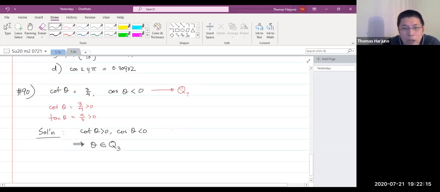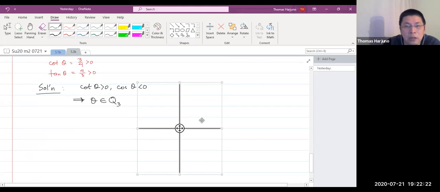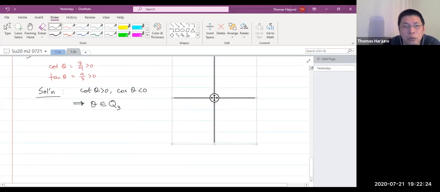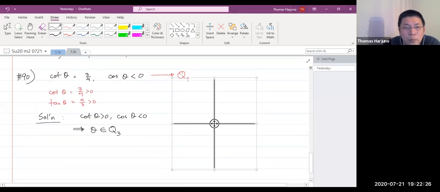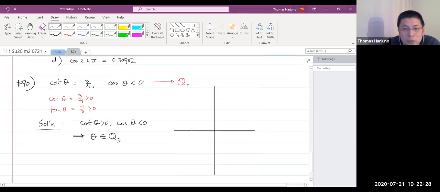So now you disassemble that cotangent theta equals 3/4. If you have a theta in quadrant 3, remember tangent is y/x, so you need the ratio to be 4/3.